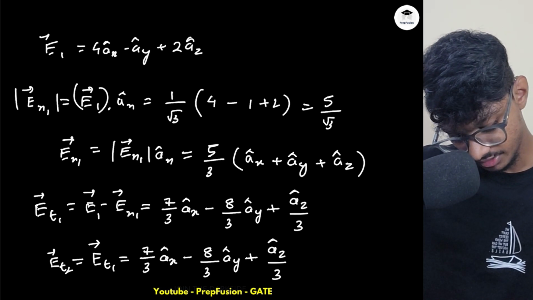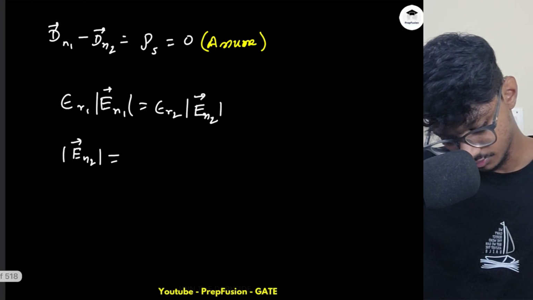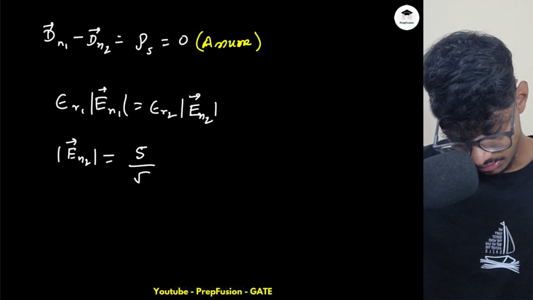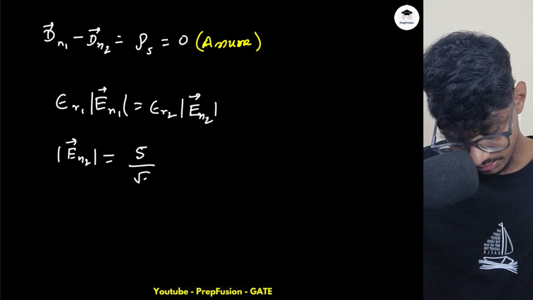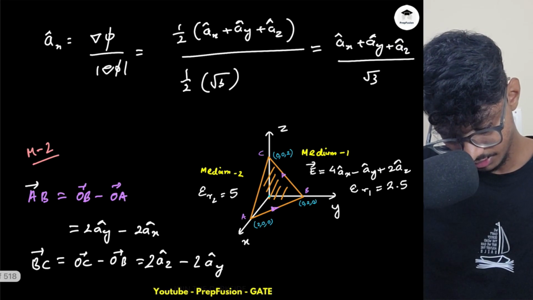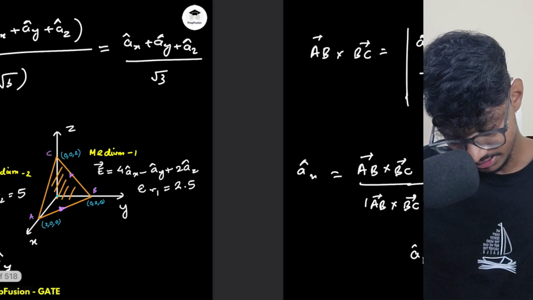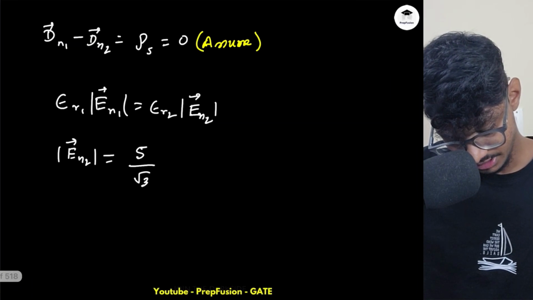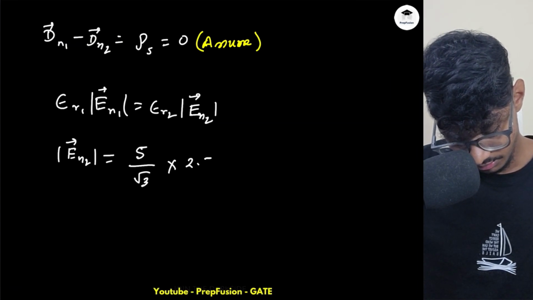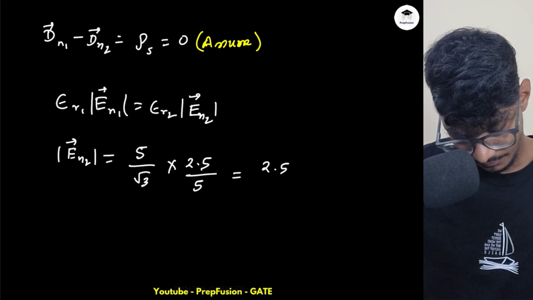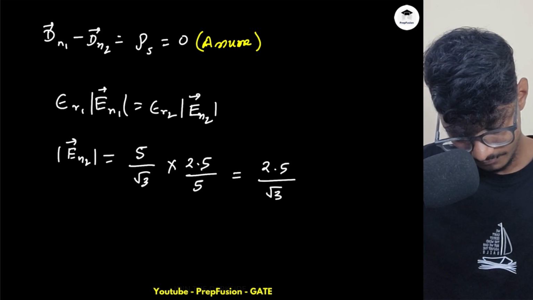The magnitude of En1 is simply 5 by root 3, and epsilon r1 is simply 2.5 and this is 5, so it will be multiplied by 2.5 by root 3.